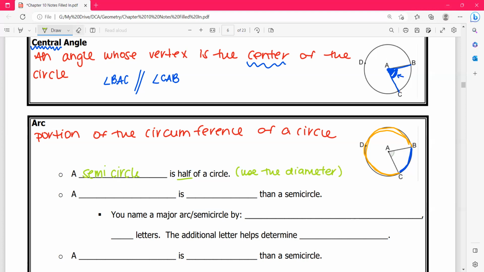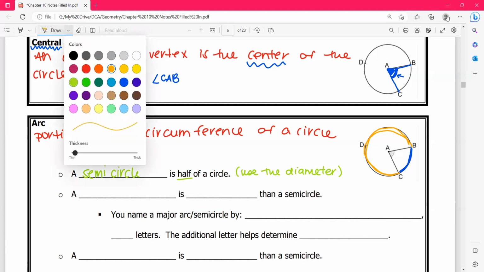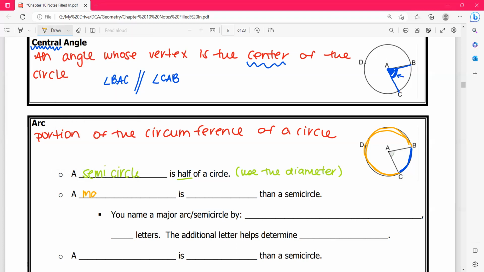Now let's check out the measure of what we call a major arc. It is larger, right, because it's major, larger than a semicircle. You name a major arc or a semicircle, so this is the same notation for whether it's a major arc or a semicircle. We use 3 letters, and which letters do we use?